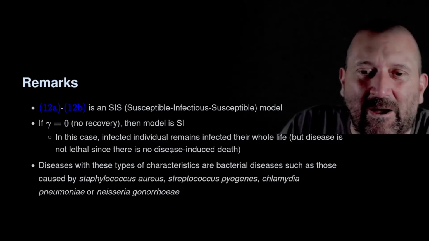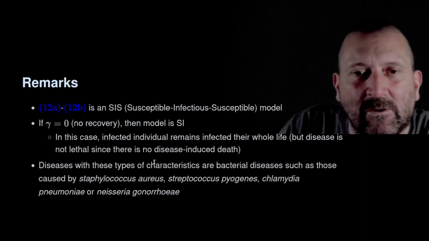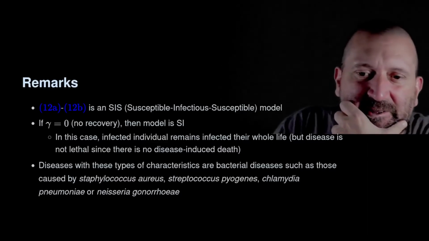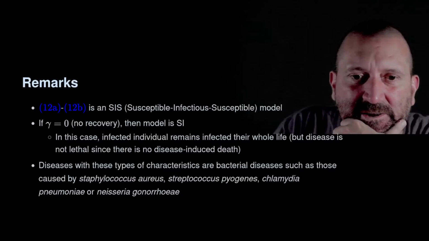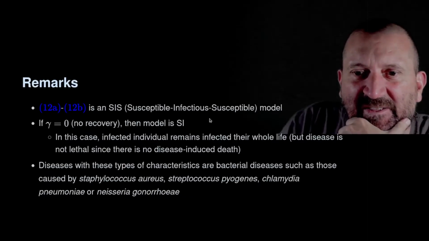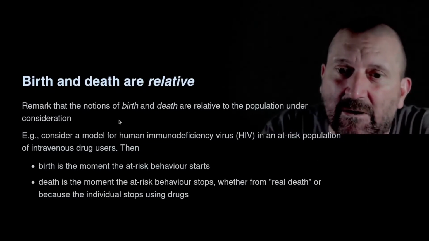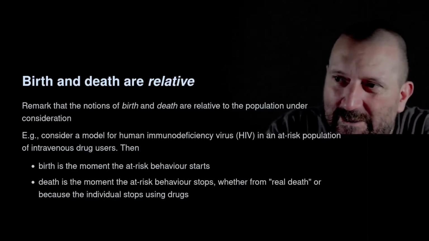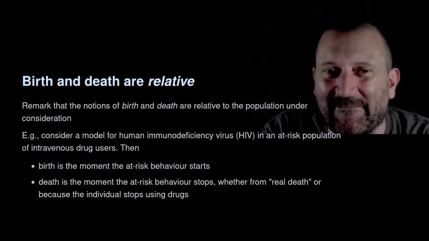As I said, gonorrhea, a lot of bacterial diseases, staphylococcus, etc., have no immunity. This type of characteristic I mean about SIS, not SI. Okay. Let me remark, we're talking about modeling, and so some remarks about modeling more than the math itself.